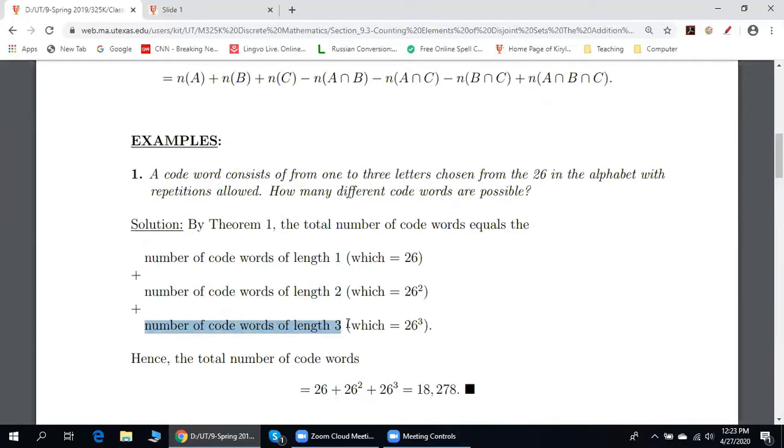Now, by the multiplication rule, the number of code words of length 3 is 26 times 26 times 26. Over here, 26 times 26, and of course, the number of code words of length 1 is just 26. Here is the answer.